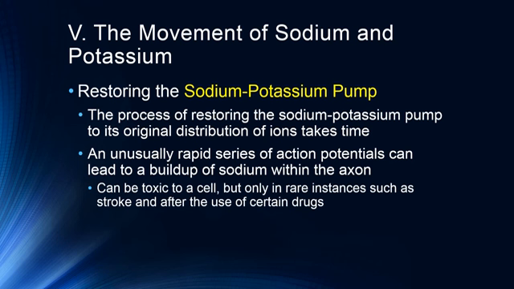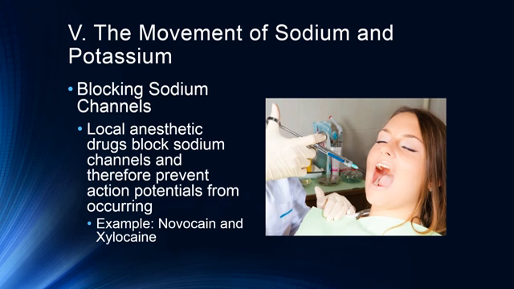And this only occurs in rare instances such as a stroke and after the use of certain drugs. So for example, ecstasy, or methylenedioxymethamphetamine, has been known to cause the kind of burnout of some serotonergic neurons, because it generates very rapid sequences of action potentials. One of the things that is useful from a pharmacological perspective is the blocking of sodium channels.